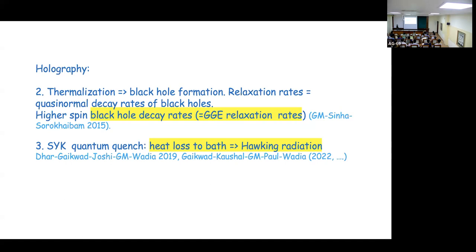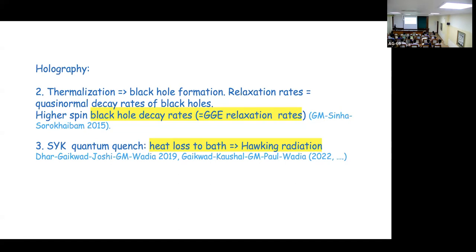So in the context of AdS/CFT, a black hole is described by a dual quantum system in equilibrium. As a result, black hole formation can be related to thermalization, and in particular relaxation rates of approach to thermal equilibrium can be related to quasi-normal decay rates of black holes.